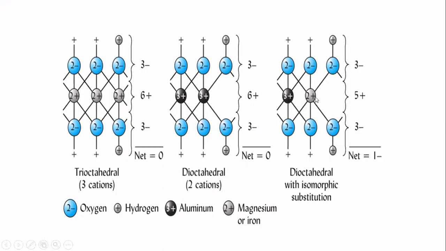So that should be 2. If it is 2 center elements, that should be aluminum 3 plus, so it should be the dioctahedral sheet. But what is happening here? One aluminum ion is substituted by magnesium. Right? Understand?